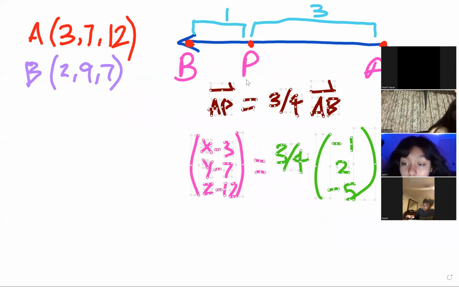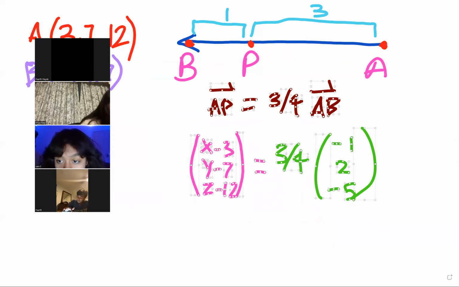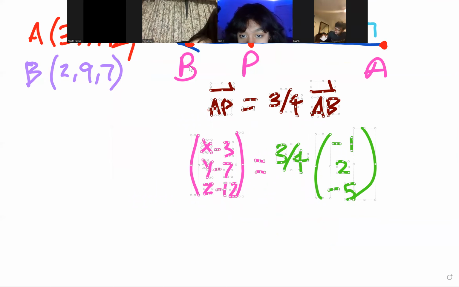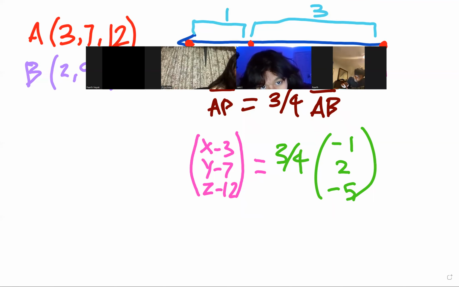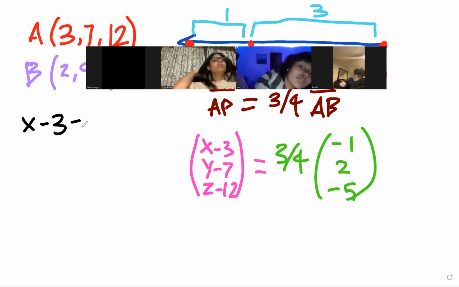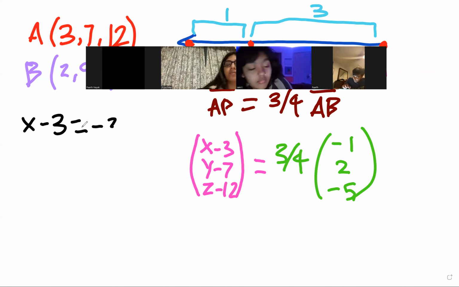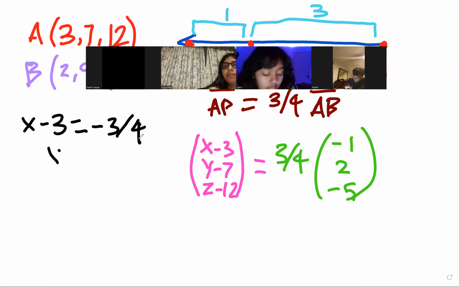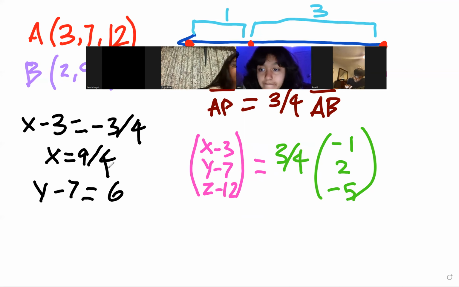Okay, so let's start with x. x minus 3 equals 3/4 times -1, which is just -3/4, right? And so 3 is 12 over 4, so that's simply x equals 9 over 4, right? And then you have y minus 7 equals 6 over 4.